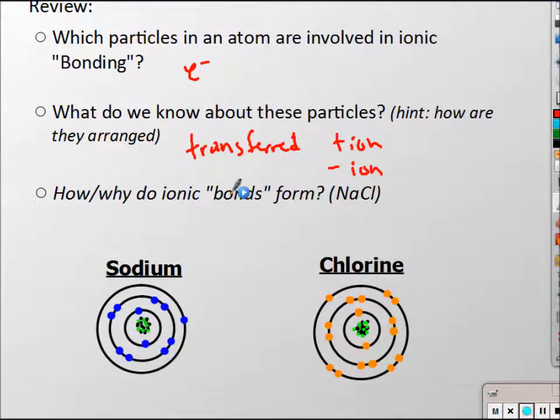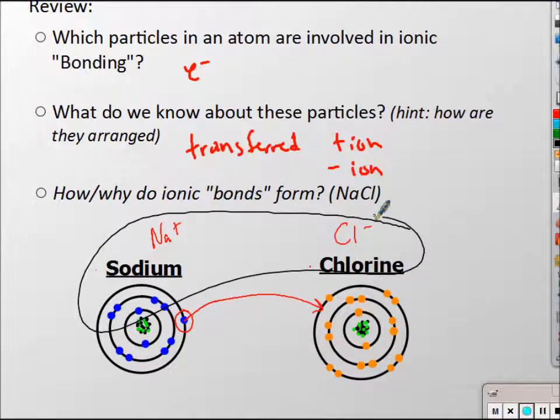And again, if you take a look at this, a sodium atom and a chlorine atom: one electron gets transferred, or kind of stolen, by chlorine, and we end up with Cl- and Na+, which in turn attract each other and form a bond.